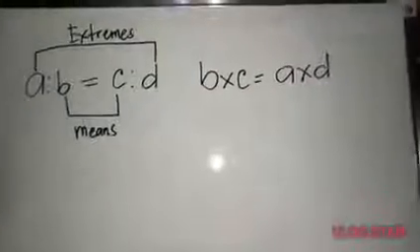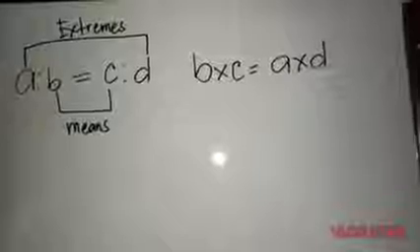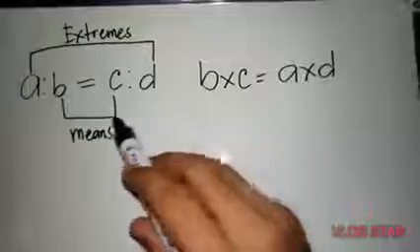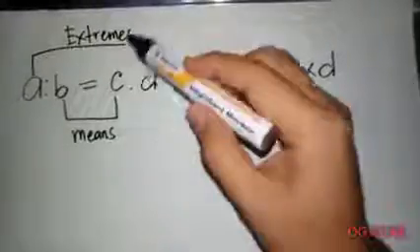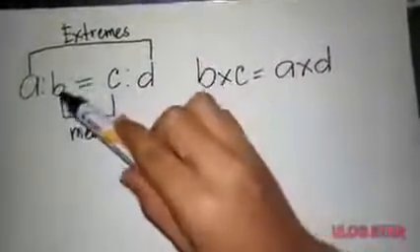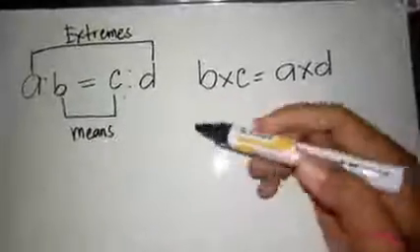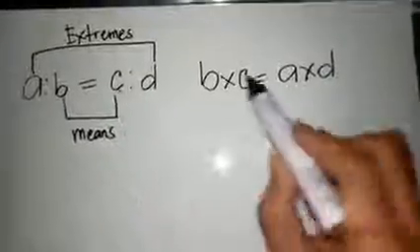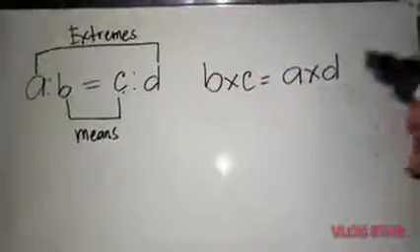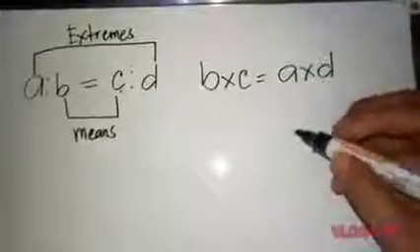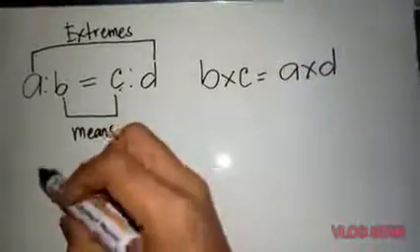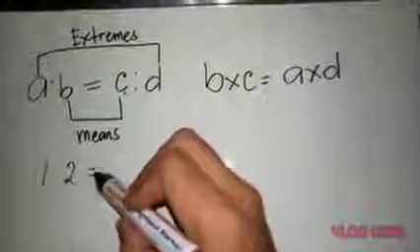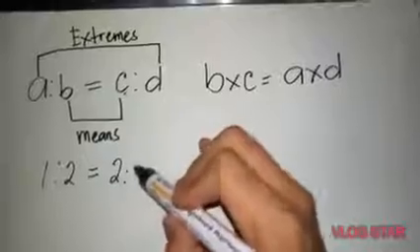One way to determine if two ratios can form a proportion is by getting the product of the means and the extremes. The extremes are the outer part and the means are the inner part of the proportion. If the product of means is equal to the product of extremes, the two ratios can form a proportion. For example, 1 to 2 is equal to 2 to 4.